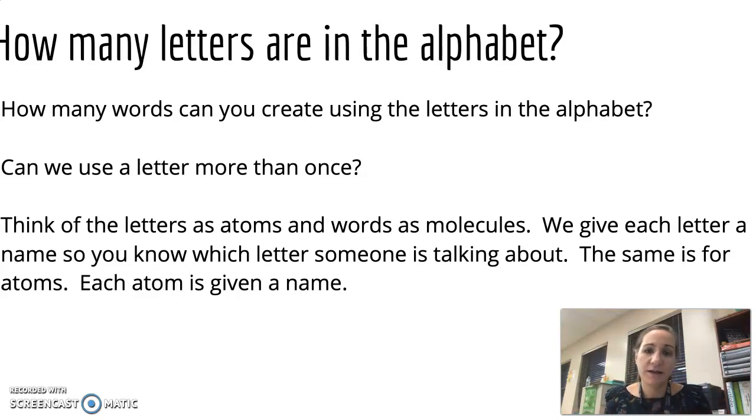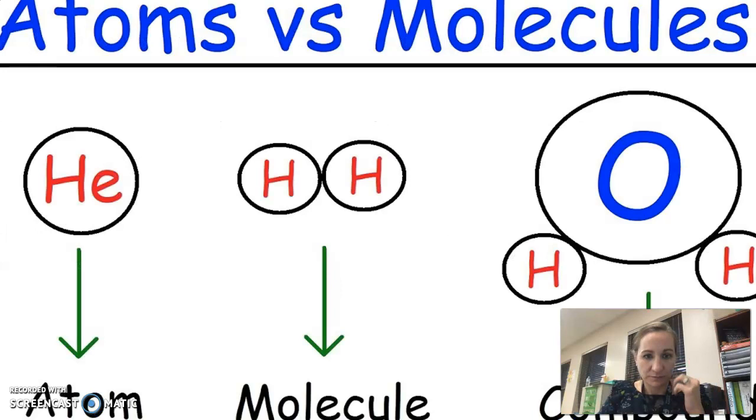All atoms are given a name. And then we can put all these different atoms together and make molecules or words. So again, think of the alphabet as atoms, the name of the letter C, D, E as elements, and then words would be our molecules.